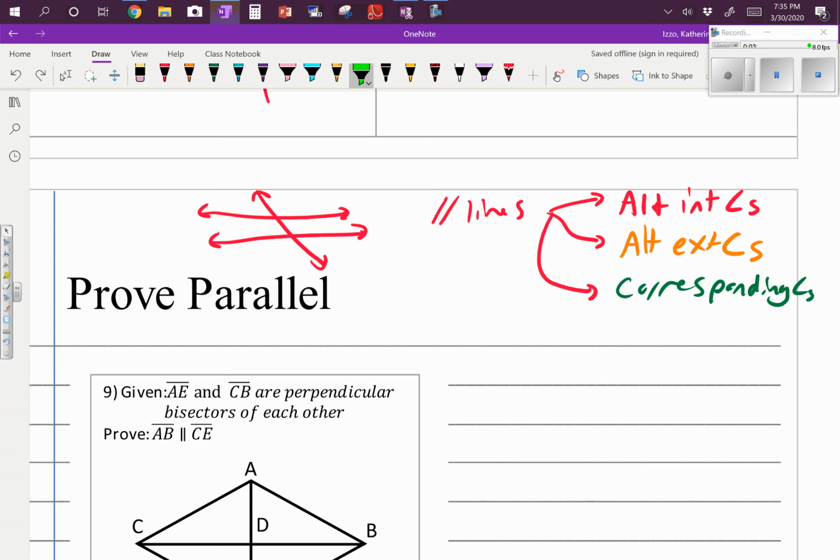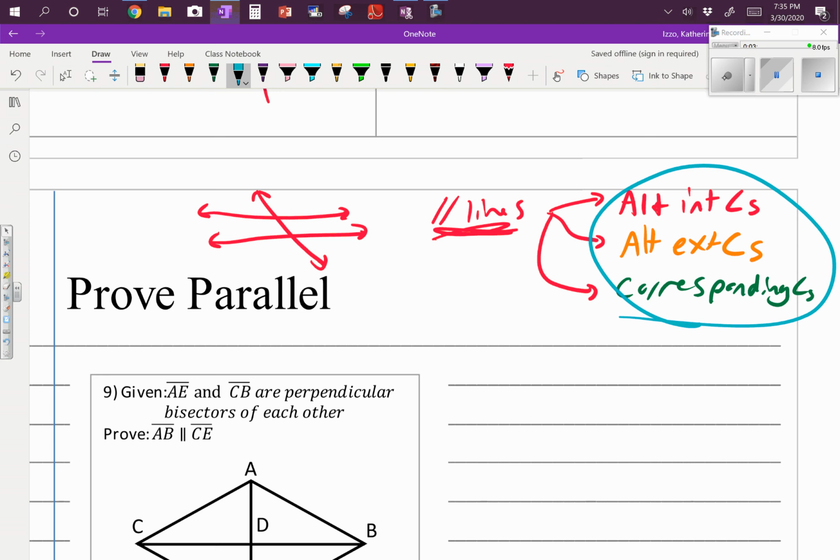So these are very, very important, and we went through an entire lesson, and we've gone back over this several times. If we have parallel lines cut by a transversal, that gives us a whole bunch of different angles. Well, today we're going to talk about what happens if we have these angles.